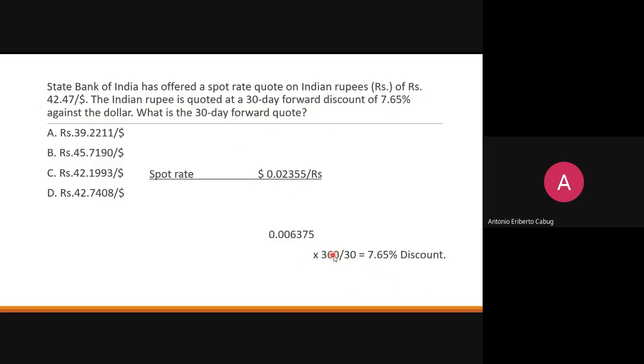We're working back, remember. You have 0.006375 times 30 divided by 360. If the difference is divided by the spot rate, which again is 0.02355, that would mean there's 0.00015 less dollars per rupee in the forward market.